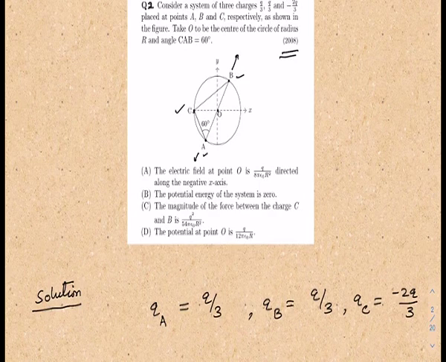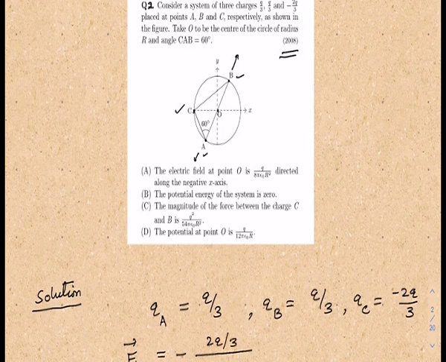So you can immediately write that the electric field at point O is simply due to the charge at C, which is minus 2q by 3, and the distance is r, the radius of the circle, so it is r square, along this direction, x cap.